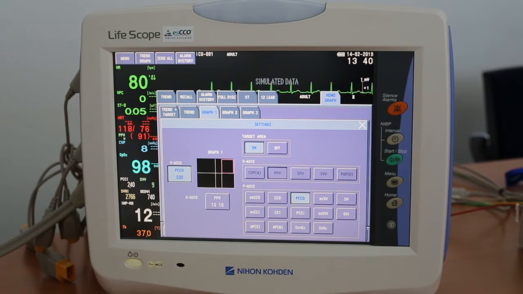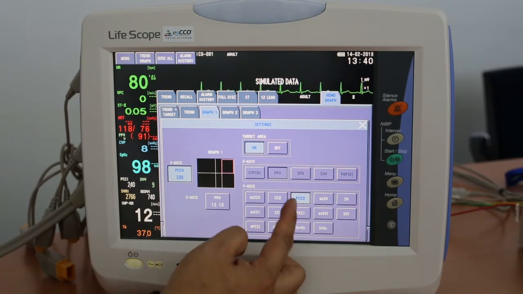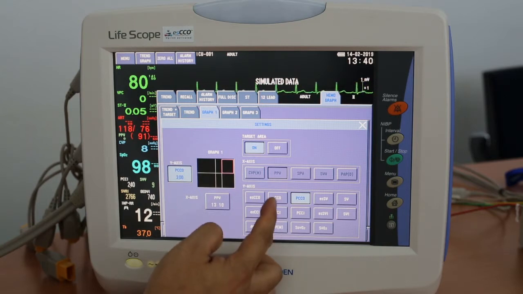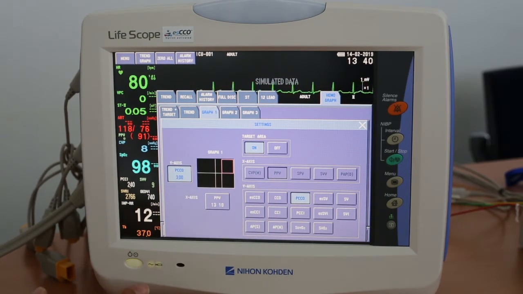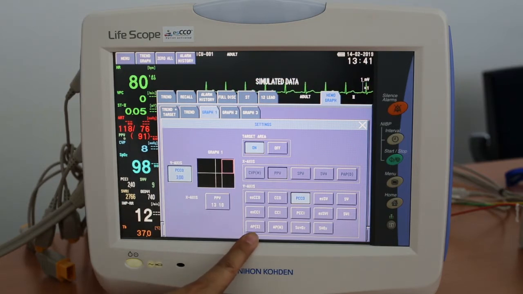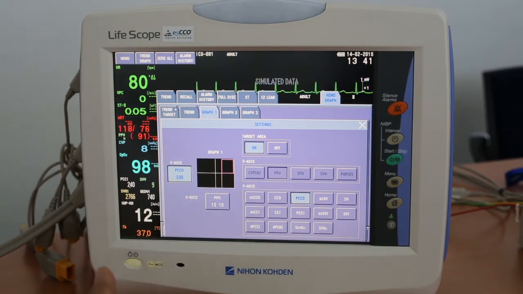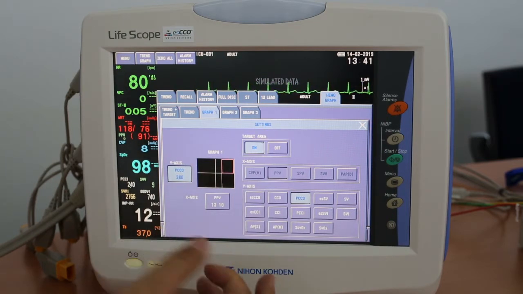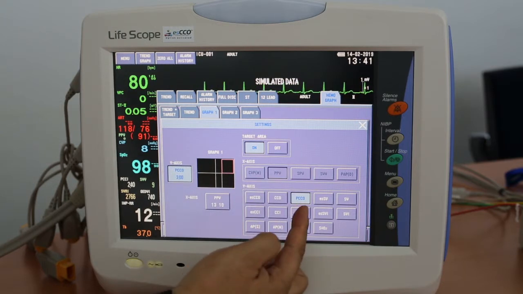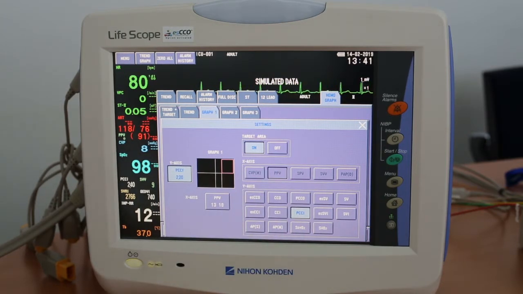If the patient has a PiCCO or Edwards FloTrac, we can choose these ones, PiCCO or even CCO. It depends on the patient, but it's available here. We can even choose the arterial pressure for this trend. For a sick patient with PiCCO or Edwards devices, we can recommend PPV and PiCCO or the cardiac index.